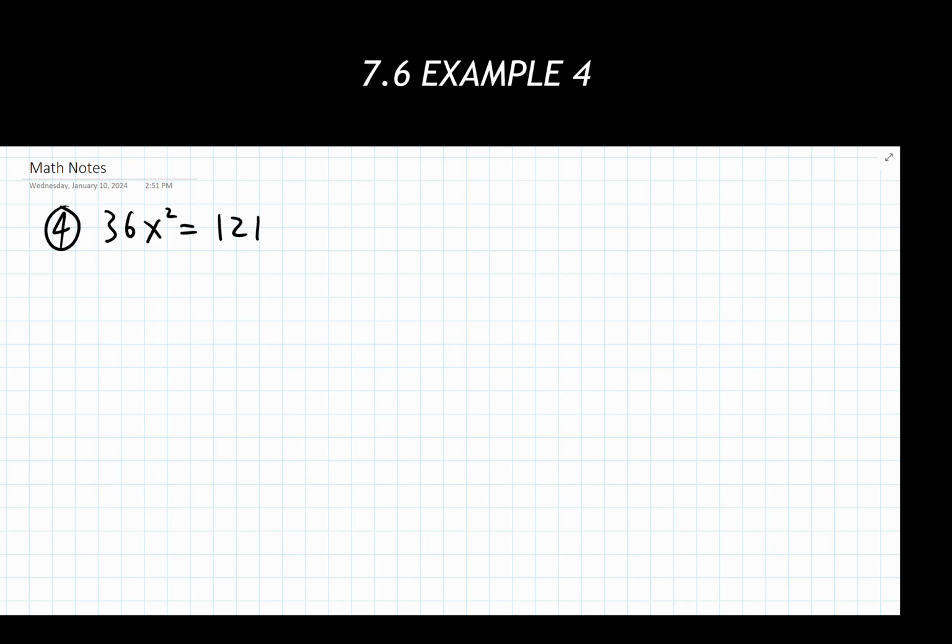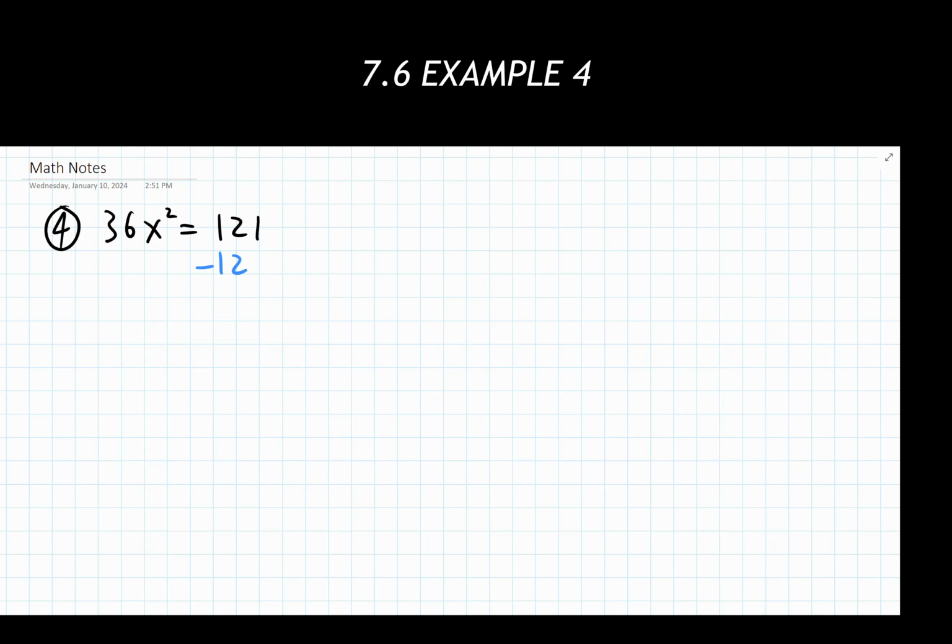Only way I can do that is I need to get rid of either the 36x squared from the left side, or I need to get rid of the 121 on the right hand side. Me personally, I like to keep the squared term positive if I absolutely can. And so I am going to choose to get rid of the 121 on the right side.